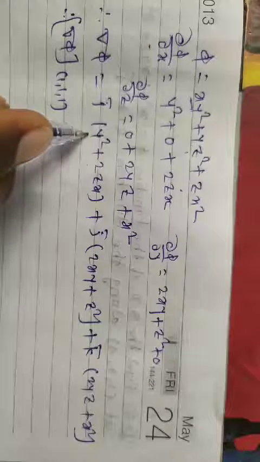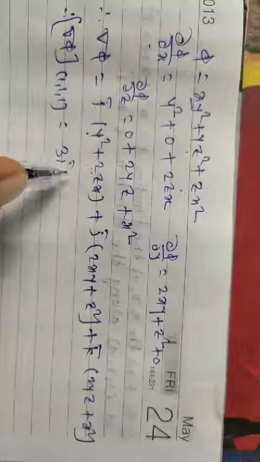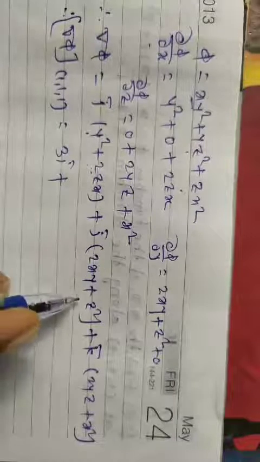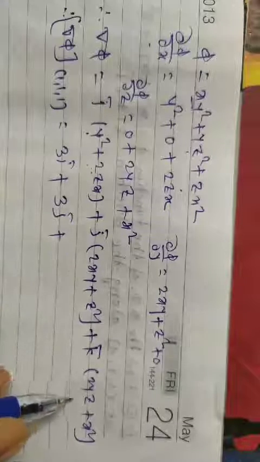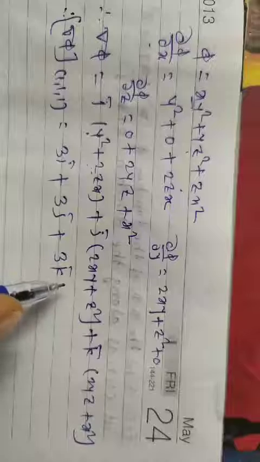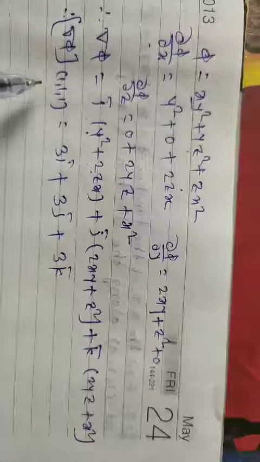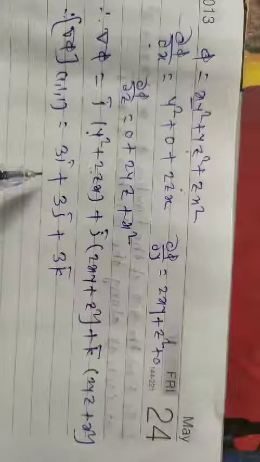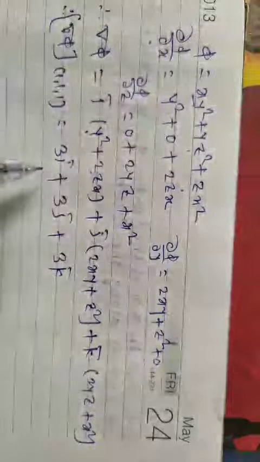So 2 plus 1 is 3 i, plus same here 2 plus 1 is 3 j, and plus same here 2 plus 1 is 3 k. So this is del phi at point (1,1,1), that is 3i + 3j + 3k. Half the problem is over here.